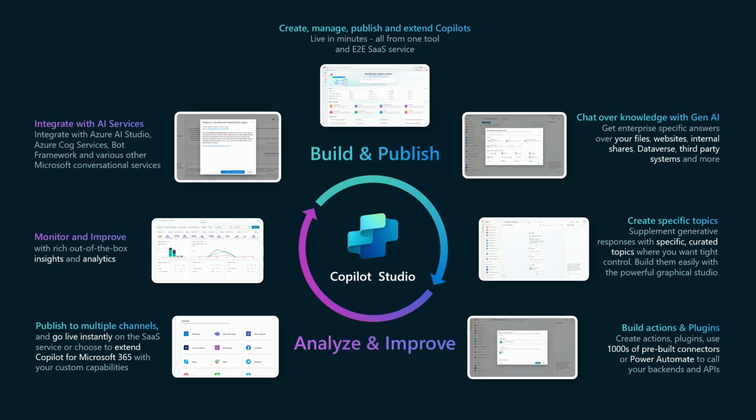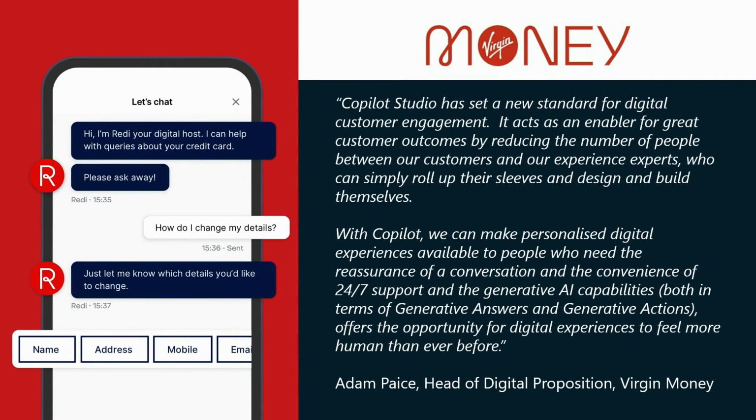You can also take advantage of this LLM-driven slot filling right inside of topics. Then you go to publish, deploy it on many channels, monitor it, figure out how to improve it, and then iterate and update accordingly.